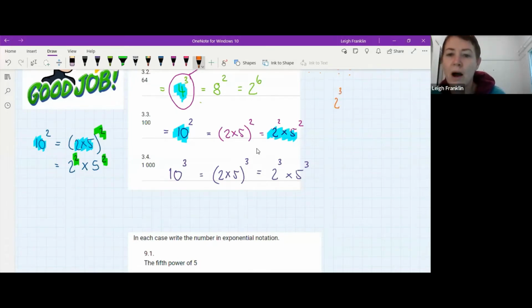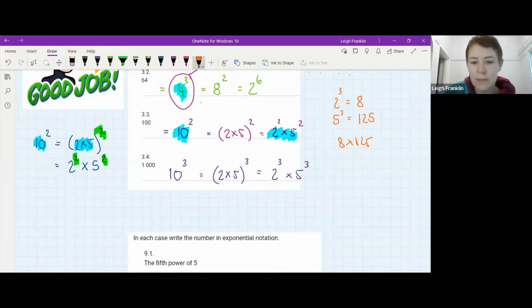Well, 2 to the power of 3 is 8, because it's 2 times 2 times 2. 5 to the power of 3 is 5 times 5 times 5, which is 125. And 8 times 125 is going to give me 1,000. Okay, so I can do a similar thing with 3.4 that I could do with 3.3 as well.